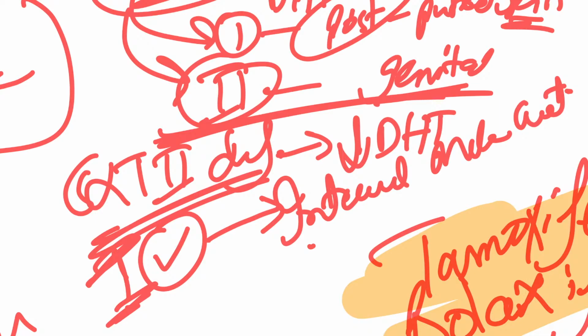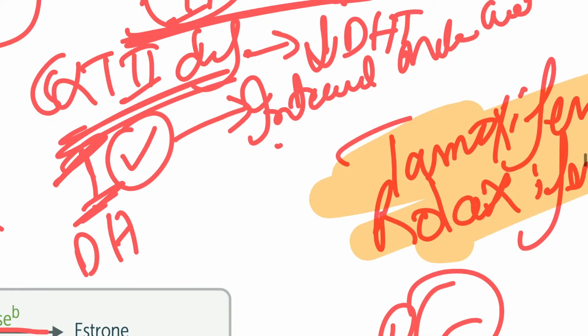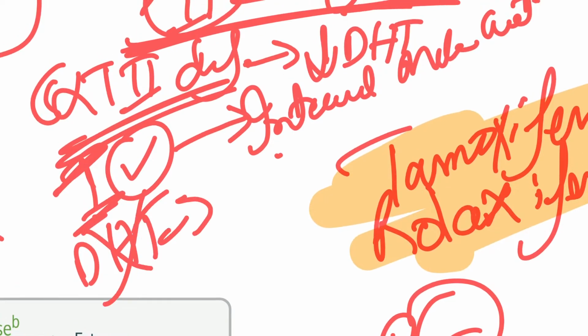So due to testosterone being present, internal male genitalia development will be there, and due to 5-alpha reductase deficiency, DHT is not present. So the external genitalia will not be developed.